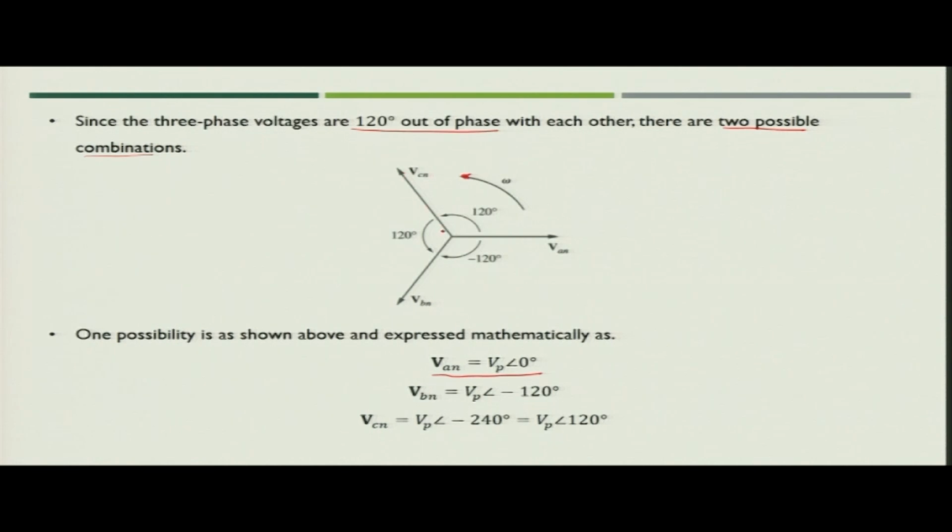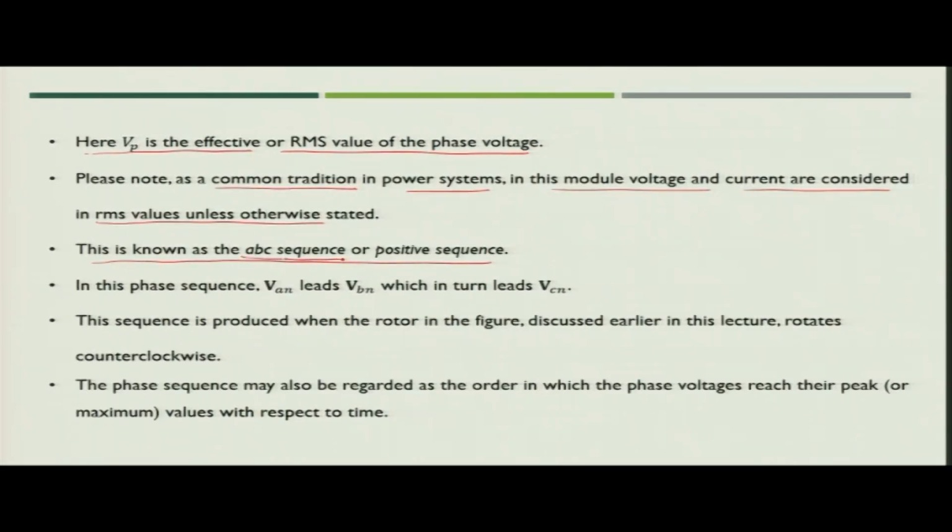So, VA, VB, VC will be arranged in such a way that it is counterclockwise. In that way, you can say that this particular VA, VB, VC arrangement is called the ABC sequence of the phase arrangement, or you can call it a positive sequence arrangement of the phases.